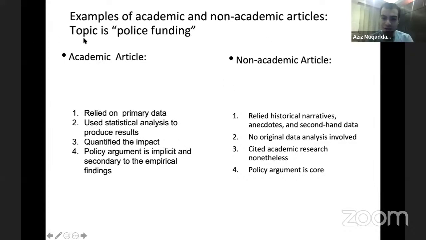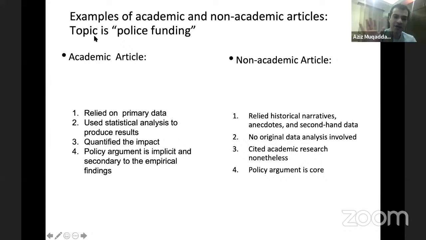Whereas with non-academic articles, you get your position from reading historical narratives, personal anecdotes, things by friends, things you just observe around you. And yes, even by reading academic research done by others, but no original or new data is being analyzed. You can still cite academic research nonetheless.